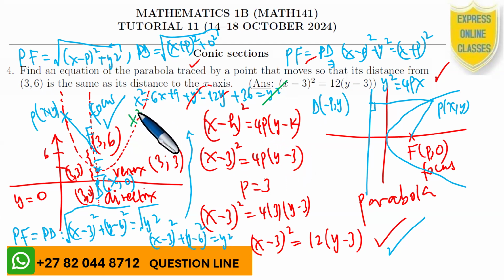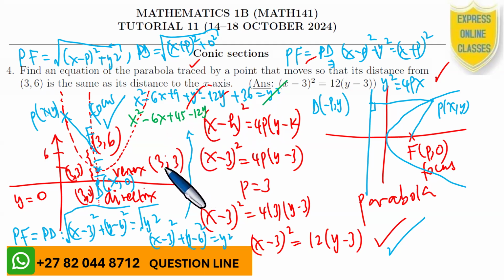So you're going to have x squared minus 6x, the 9 and the 36 is going to give us a 45 minus 12y. Let us look at this.